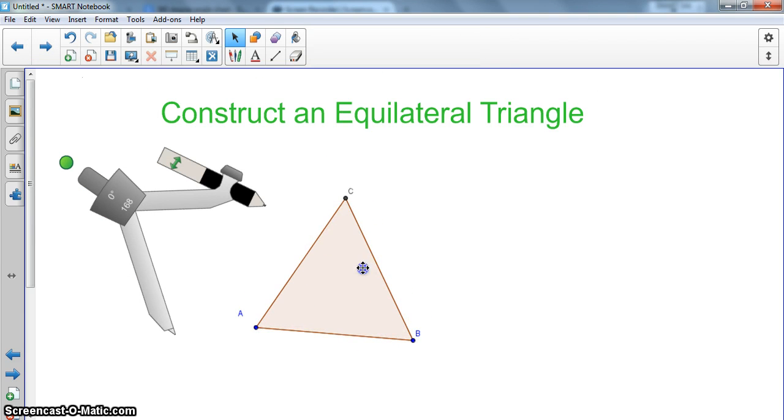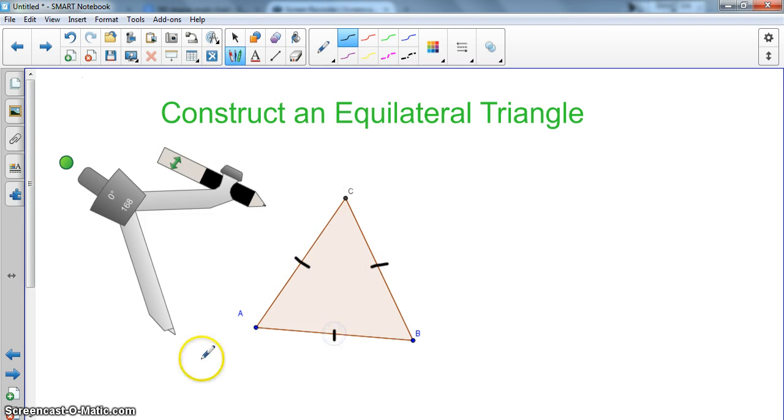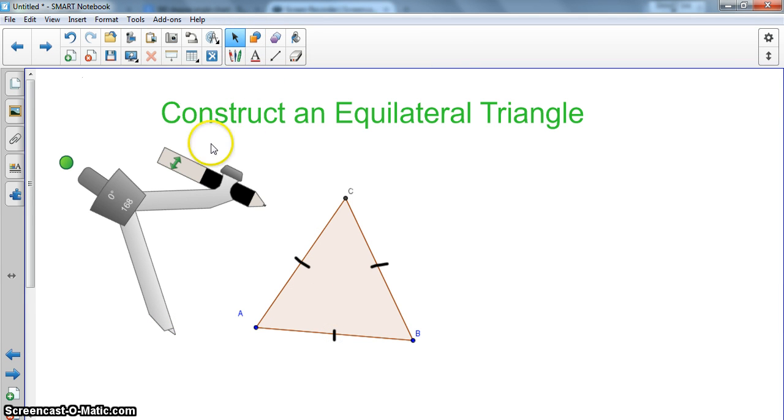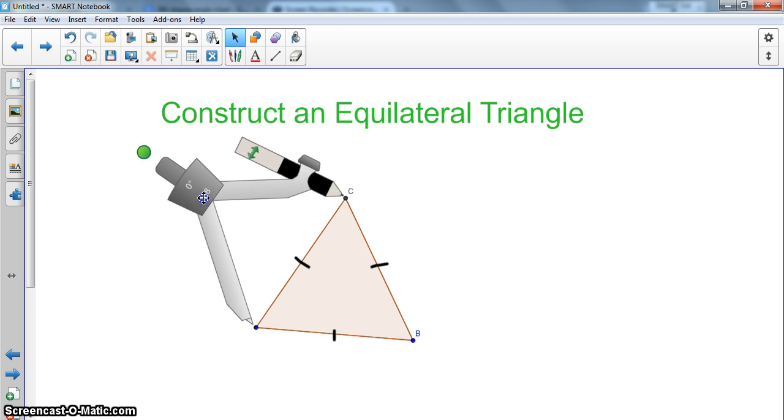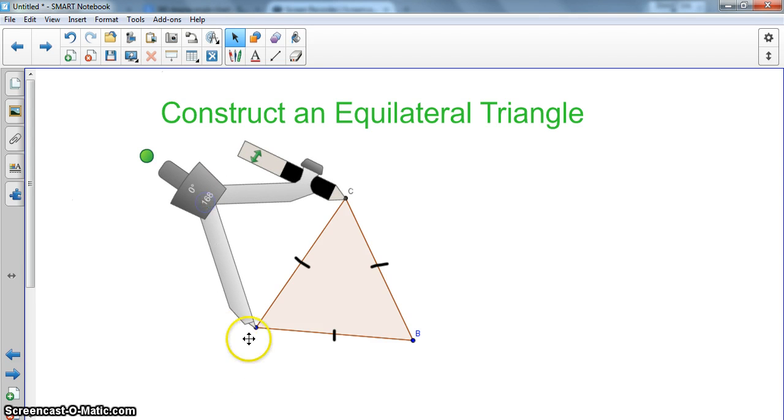So here is an equilateral triangle. And in an equilateral triangle, we know that all three sides have to be congruent, right? So we know that these sides are congruent in length. That's the definition. So how can we reason this? Well, if you have a compass, I can set the center point on one end point and my pencil on the other, and that distance is really measuring that segment length, right?